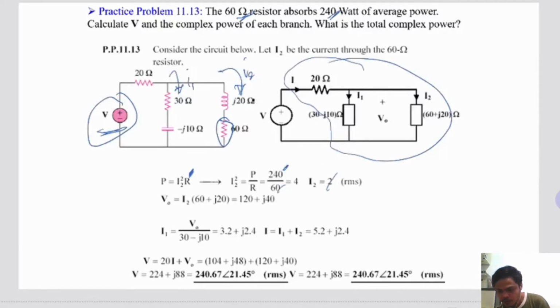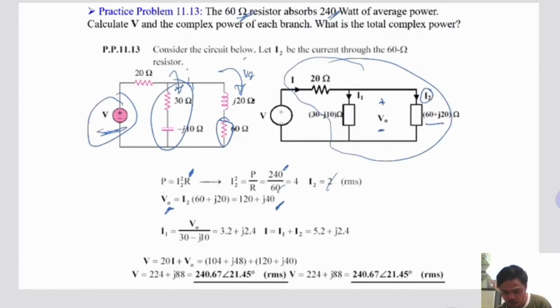Therefore our VO can be determined, since we now have the current and the value of the impedance. VO is I2 times the impedance, 60 plus j2. This VO is in parallel with this other branch.